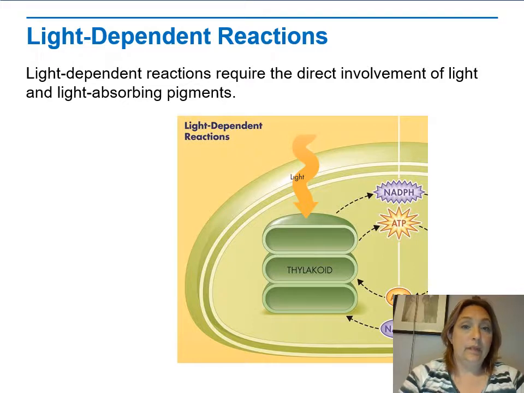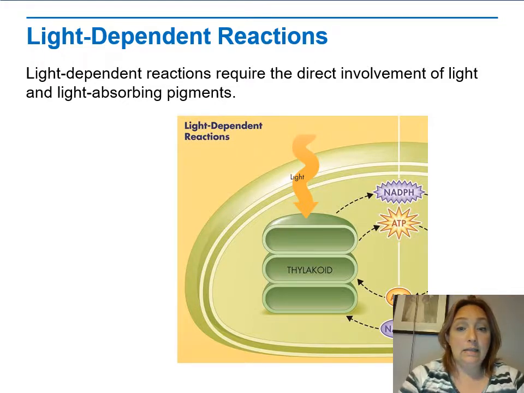The light-dependent reactions require the direct involvement of light and light-absorbing pigments. Okay, so light has to come in through the chloroplast. That light energy has to interact with the thylakoid membrane, which contains chlorophyll.